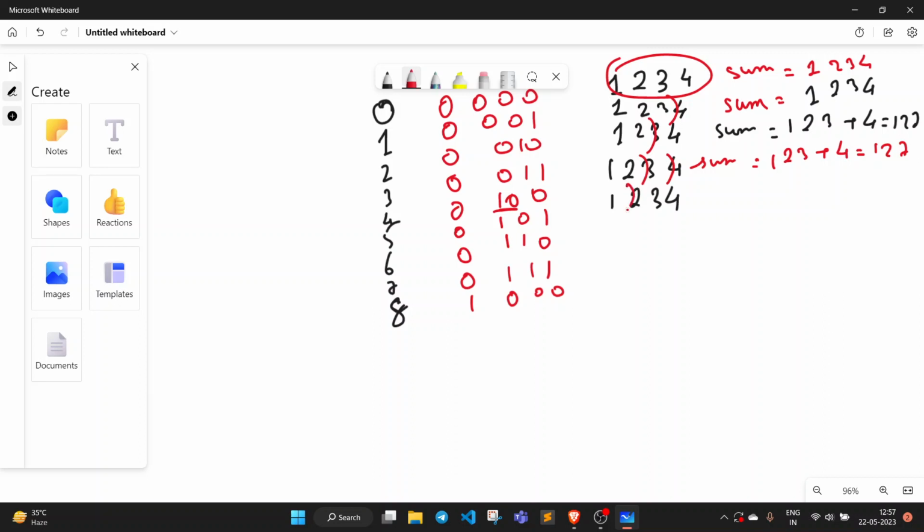So the partition ends here, which means the sum is 1 2 plus 3 4, that is 34 plus 12, 46. Again 1 2 3 4. Now we're in this part, so a partition ends here and a partition ends here, so the sum is 1 2 plus 3 4 again, the same one.